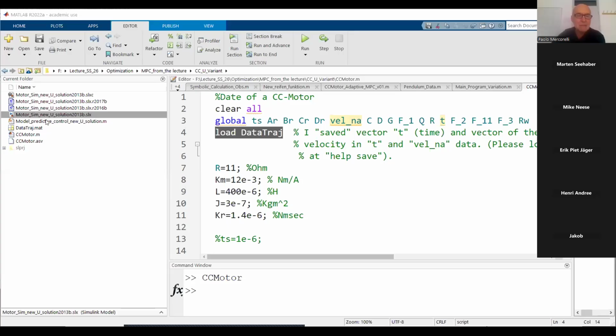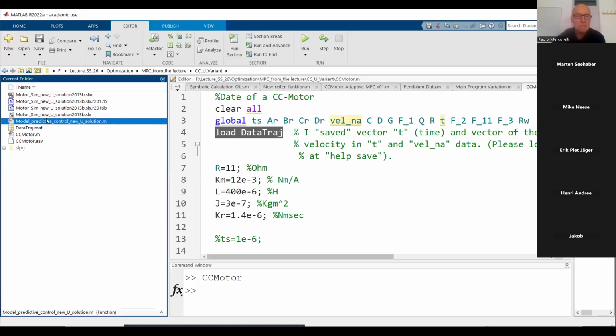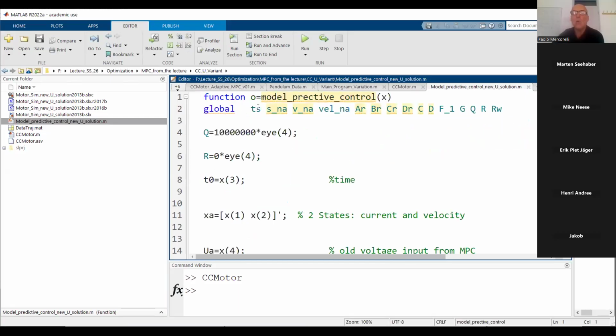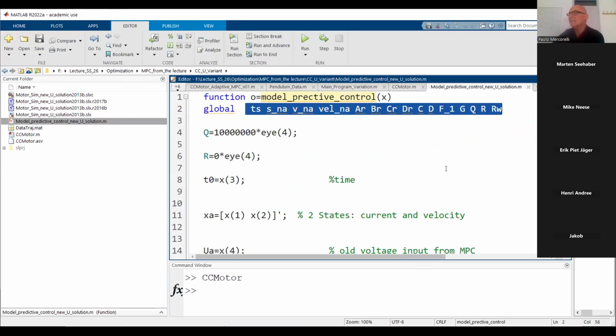The file, the name was this. Again, I declare all the variables which I need inside the function. Here I redefine Q. It's not necessary because I put it also here, but sometimes it's easier to change directly.